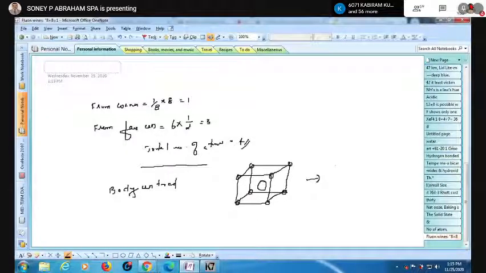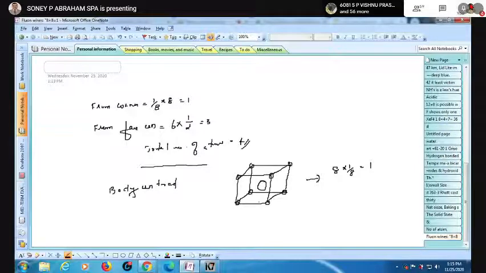So what is the contribution from the corners? Equal to 8 into 1 by 8, which is 1, and this one is present at the center. What is the contribution towards this given unit cell? Is it shared by anything else? No, sir. It is for this unit cell as such.